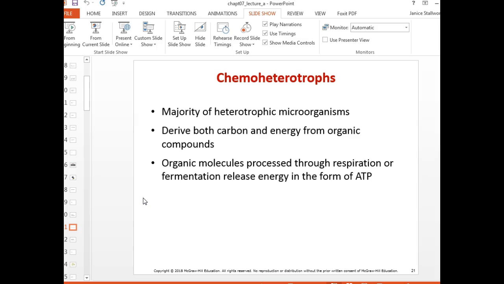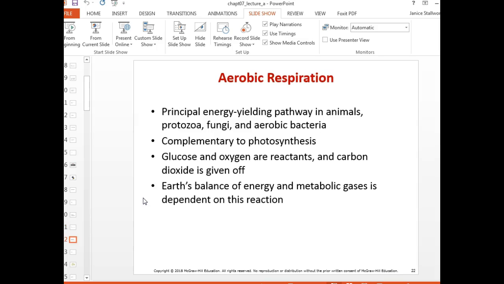Chemoheterotrophs, the majority of heterotrophic organisms, derive both carbon and energy from organic compounds. Organic molecules are processed through respiration or fermentation, releasing energy in the form of ATP. Aerobic respiration is the principal energy-yielding pathway in animals, protozoa, fungi, and aerobic bacteria.